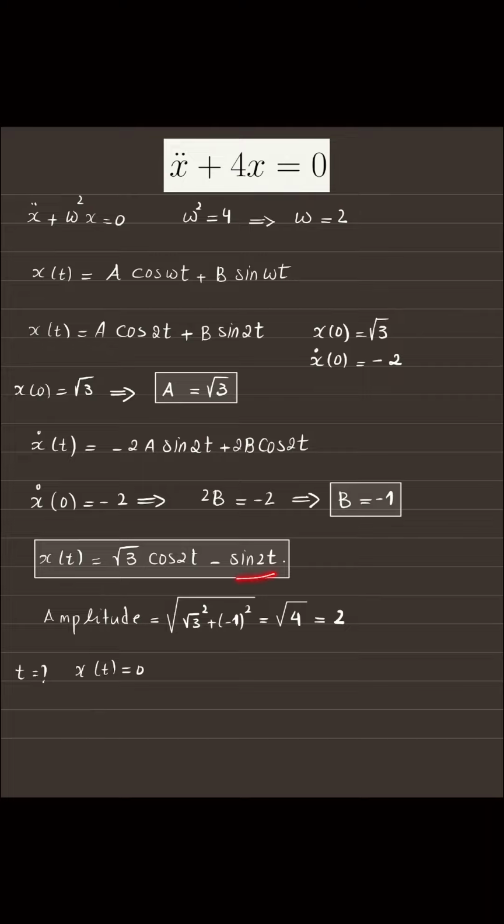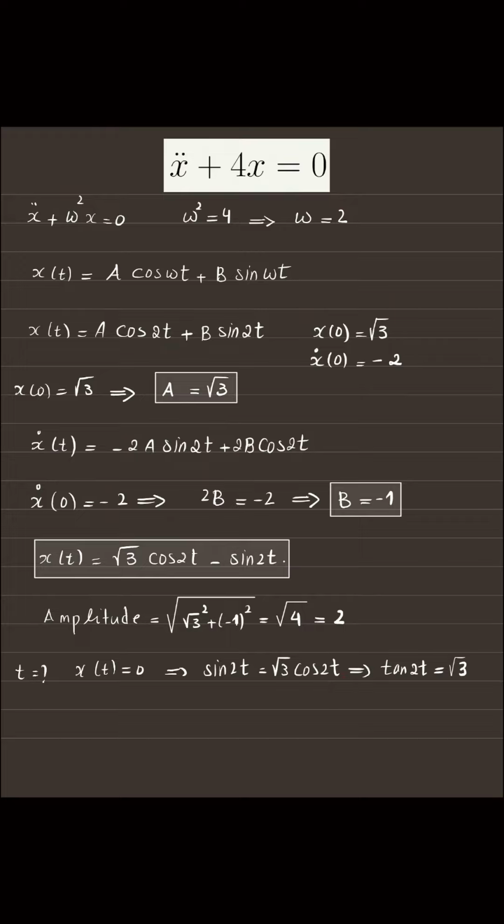So if this is supposed to be equal to 0, then it means that sine 2t is equal to square root of 3 cosine 2t, and I divide everything by cosine 2t, the left hand side becomes tangent 2t, and the right hand side becomes the square root of 3. I am sure that I can divide by cosine 2t.